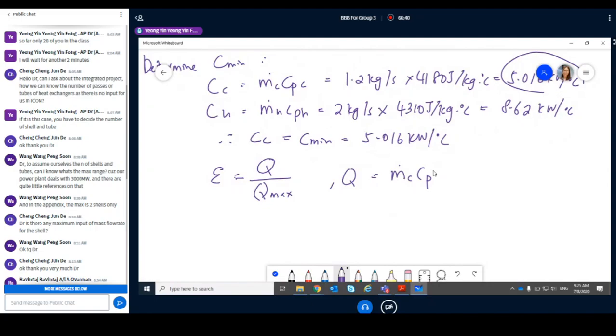Because I do not know the TH out. That's why I use the cold stream to get my Q. So after that, it can be easily calculated.